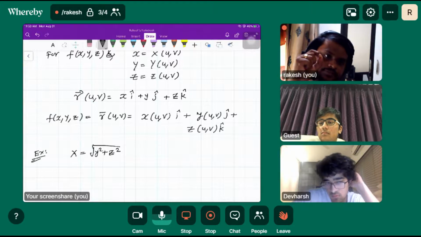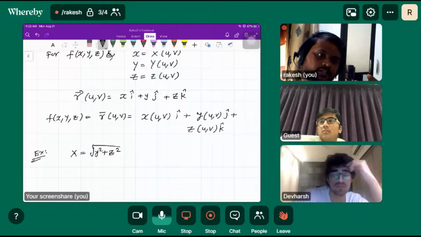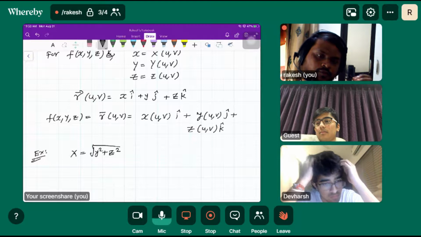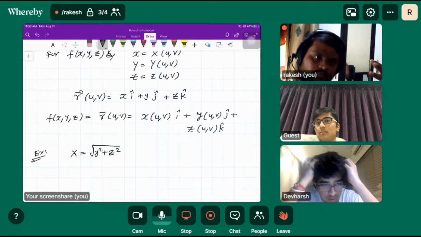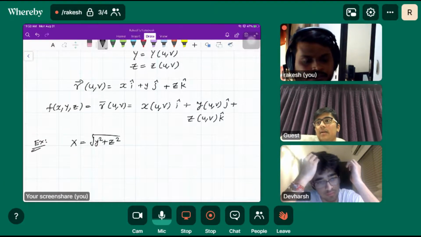That's the point. If x is equal to 2, then y square plus z square is equal to 4, so that's a circle.